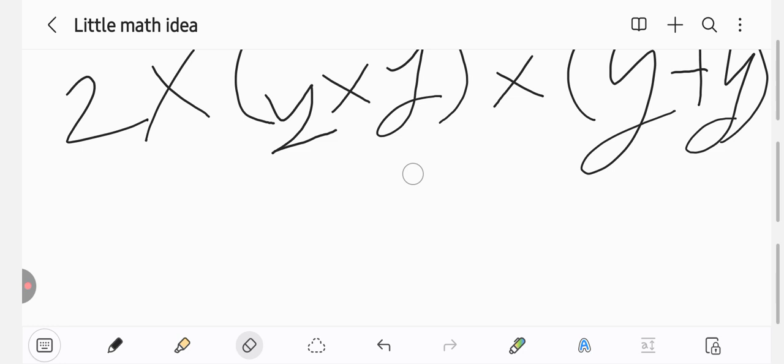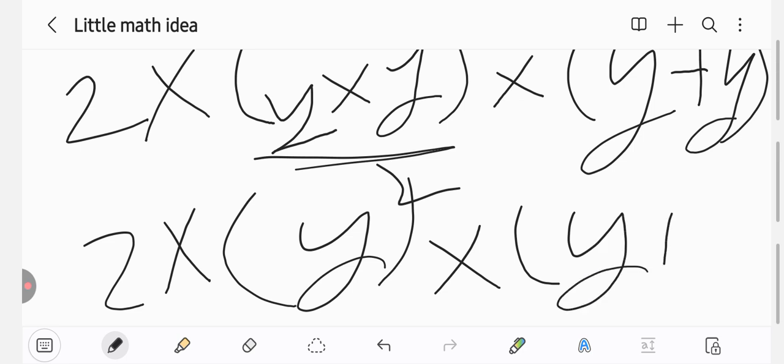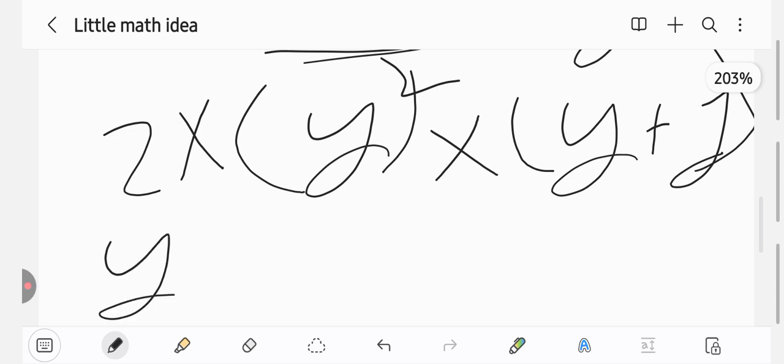Now we can write it as 2 times y squared times y plus y, because we simplified this first. Now 2 times y means, let's simplify in the normal way. Here you can just think that you can switch order and do it simply, but let's understand fundamentally and in their raw form, what they actually mean.